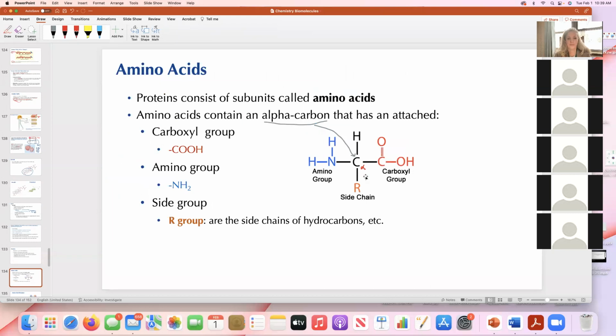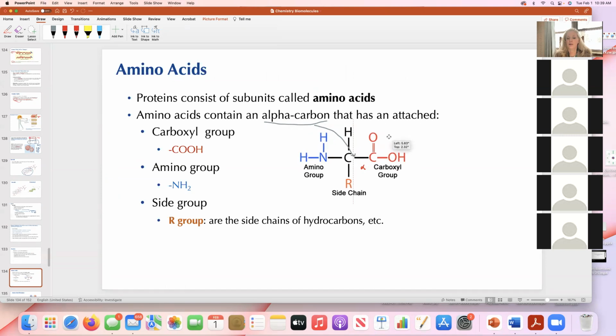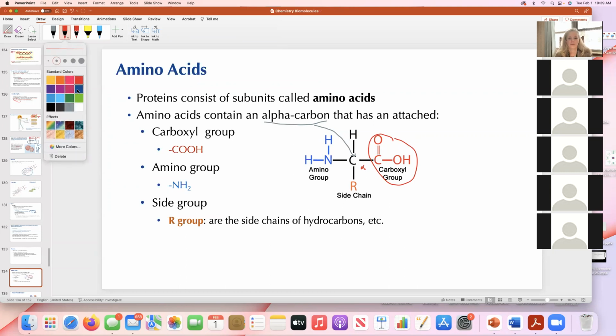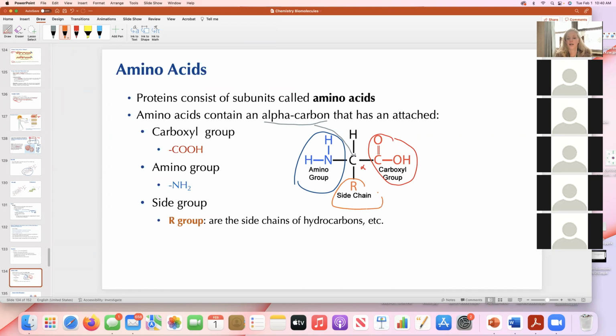Okay, the alpha carbon. And around the alpha carbon, attached to it, we have an amino group and a carboxyl group. So here's our carboxyl group. Let's get our amino group in blue. Okay, and our R group down here. The R side chain could be anything.